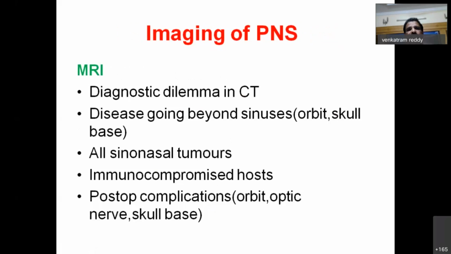Then coming to other modalities of imaging of the paranasal sinuses, there is MRI. Of late, MRI is coming with a lot of innovations, and the importance of MRI has been increasing day by day in the imaging of the paranasal sinuses, especially in tumor pathology and other sinonasal inflammatory pathologies.